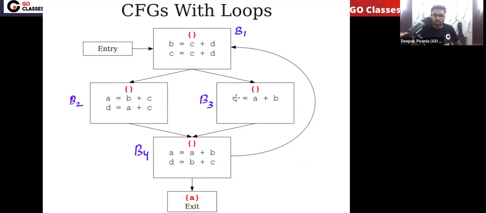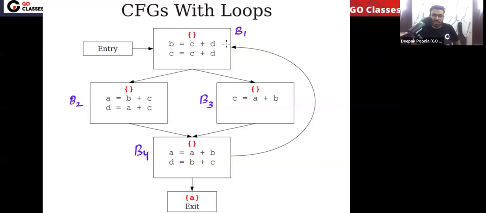As I told you when we were discussing CFG without loop, instead of going statement by statement, we will go basic block by basic block. For every basic block, we will find the use and def, and only that information is required. Here in this basic block there are two statements, but I don't care about the number of statements. There can be 10 statements.